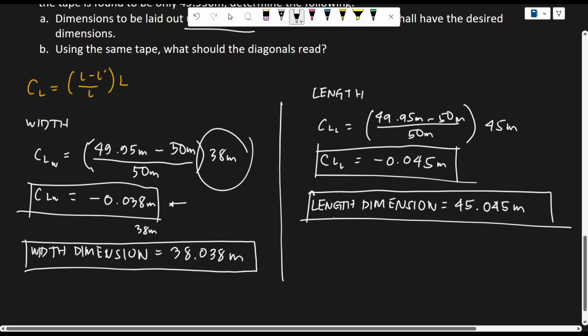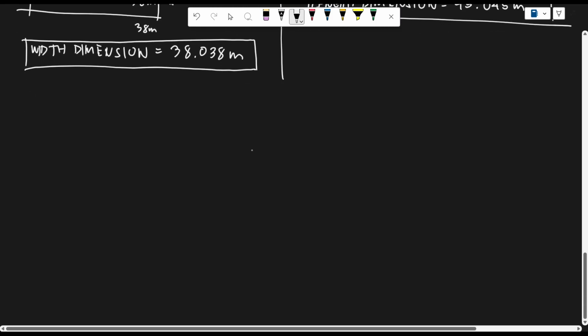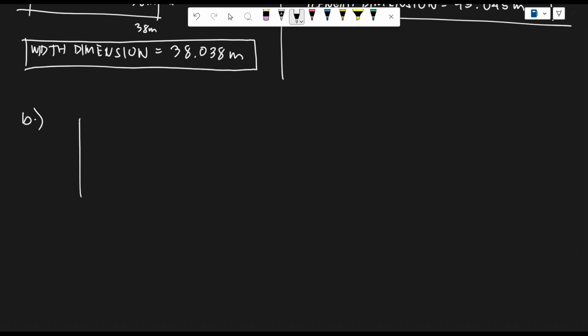Using the same tape, what should the diagonals read? So the first thing that we're going to do is compute for the length of the diagonals. Okay, so this is 38 meters, and then this will be 45 meters. And then we will just use the Pythagorean theorem for this.